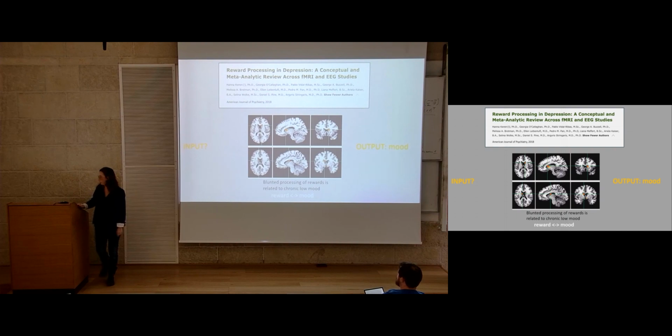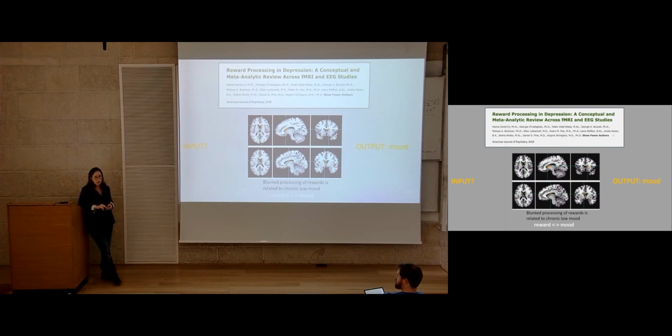And when I was searching at the beginning of my postdoc for what could be such a quantitative stimulus that I could modify in real time to change mood, we came across a huge field of studies that are studying differences in reward processing, both between depression and healthy, and as a result of that, the effect on mood, chronic low mood.